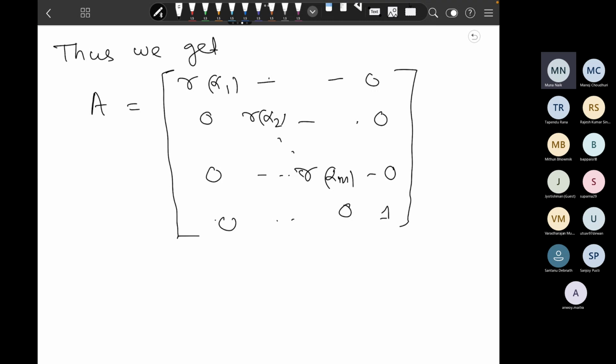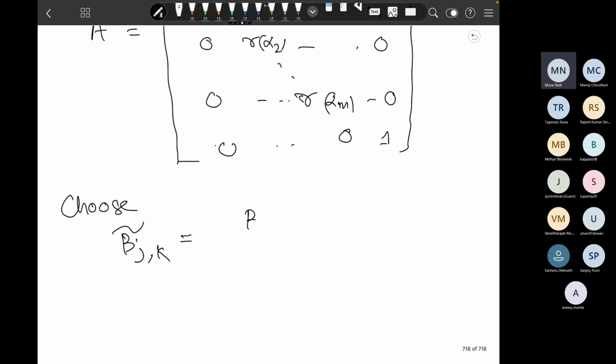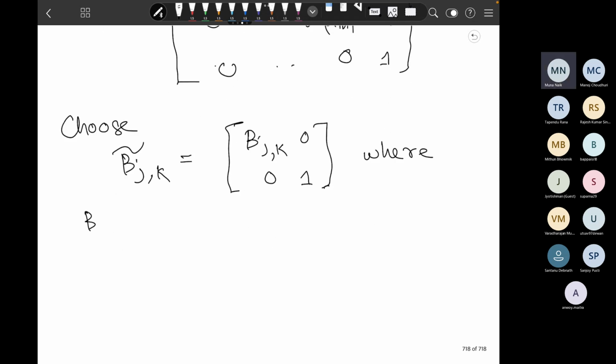I have to conclude that alpha 1 is equal to alpha 2 is equal to alpha m. For that reason, choose bjk tilde, that is, bj,k and 1, where bj,k is as in the case of SO(2m).